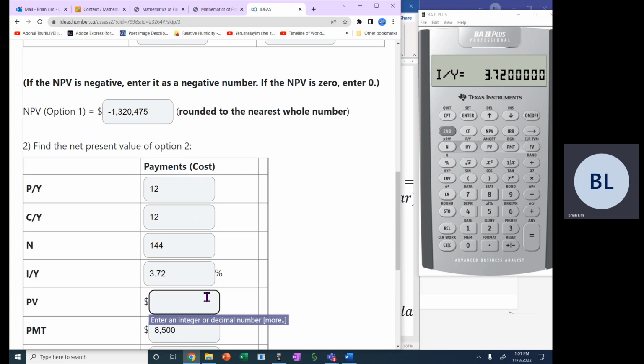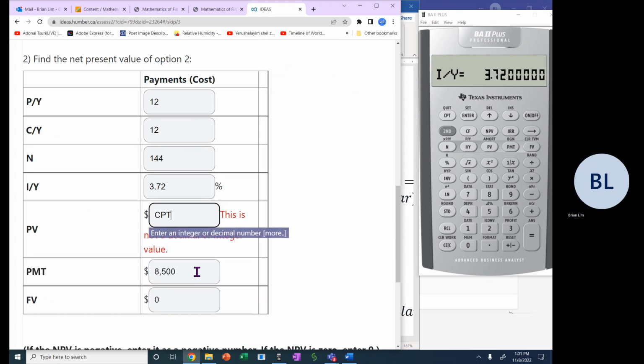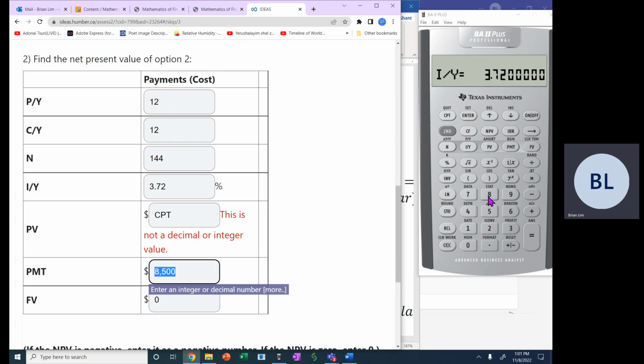Present value is what we will compute. The payment is 8,500, and that we put in as the payment. And 0 for the future value. Of course, sorry, we should put that in as negative, correct?